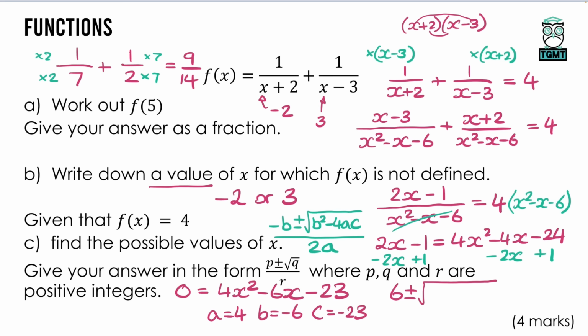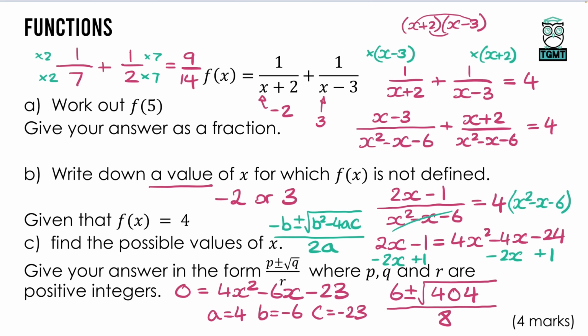And if I press equals, that comes out as 404. We now have 2a on the bottom. So 2a is 2 lots of 4. So we will have 8 on the bottom.